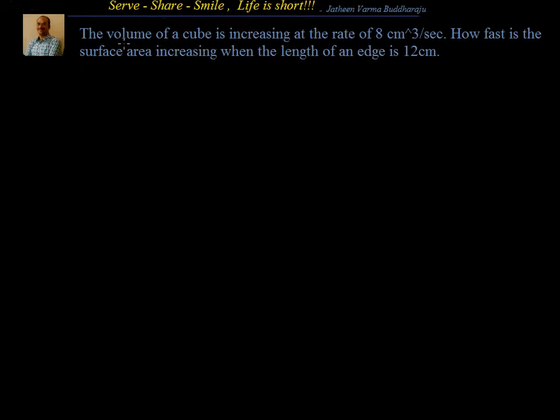Let's look at this interesting problem. The volume of a cube is increasing at the rate of 8 centimeter cube per second. That is, dV by dt is equal to 8 cm cube per second.